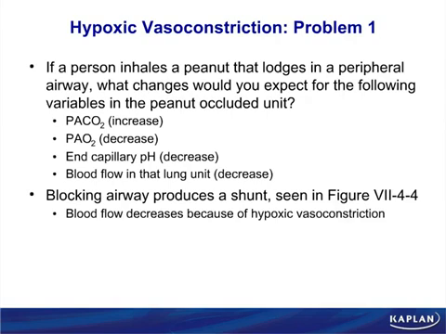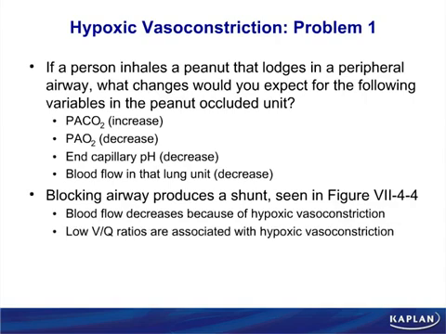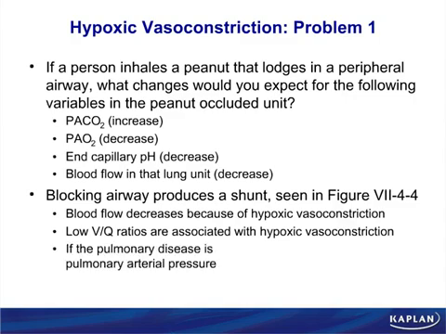So areas that have low VQ ratios, even if it's not a pure shunt, it could just be low VQ, because as VQ goes down, oxygen falls, those are going to be associated with hypoxic vasoconstriction also. If we get enough of the lung impacted by low VQ and thus alveolar hypoxia, then you might raise pulmonary artery pressure. But if you have small regions of low VQ, then it's probably not going to affect pulmonary artery pressure.